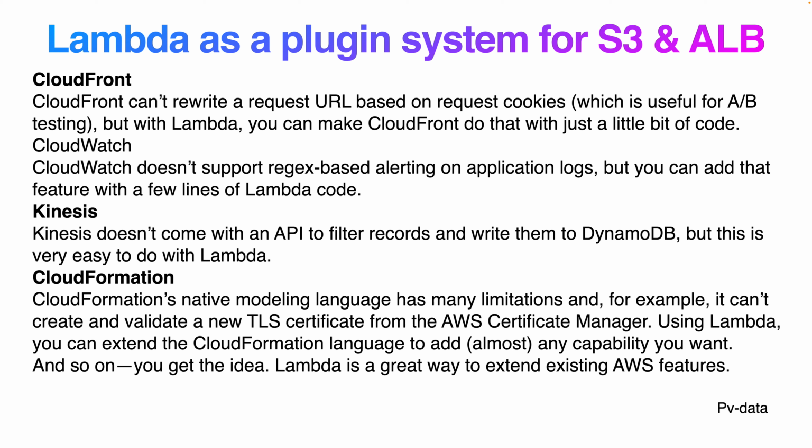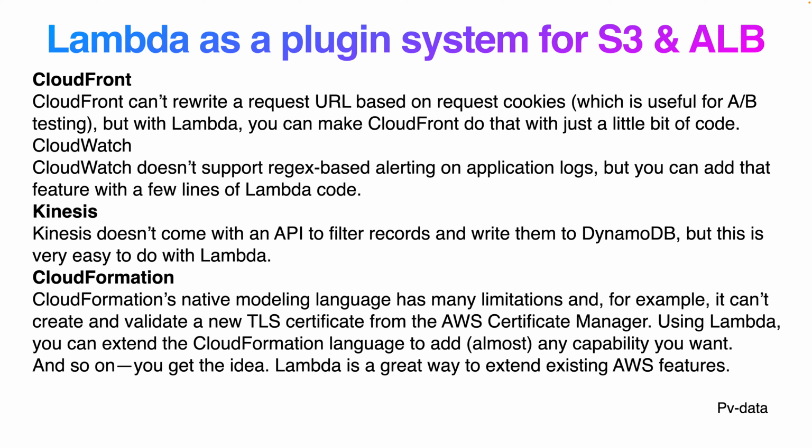This is useful for A/B testing, but with Lambda you can make CloudFront do that with just a little bit of code. CloudWatch does not support regex-based alerting on application logs, but you can add that feature with a few lines of Lambda code.